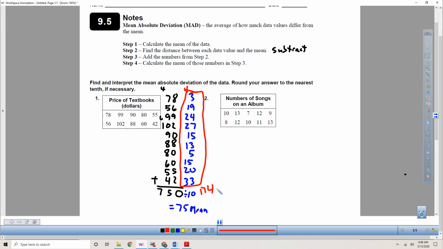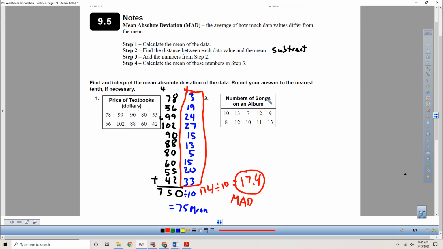So I get 174, but I still have to find the average of that, divide it by 10, because there's 10 numbers in the set, and I get 17.4. So my mean absolute deviation is 17.4. What that means is each of these numbers on average is 17.4 away from 75.